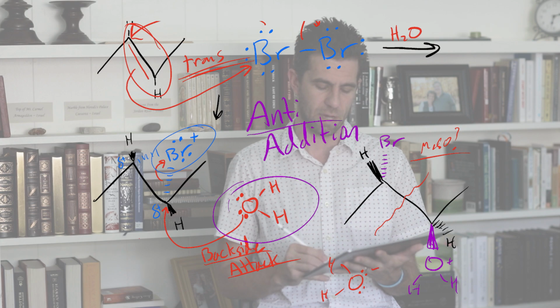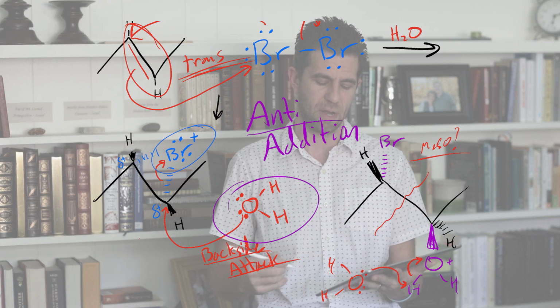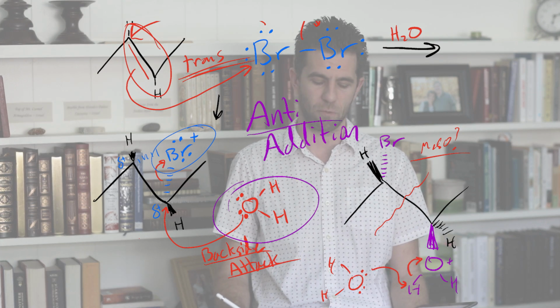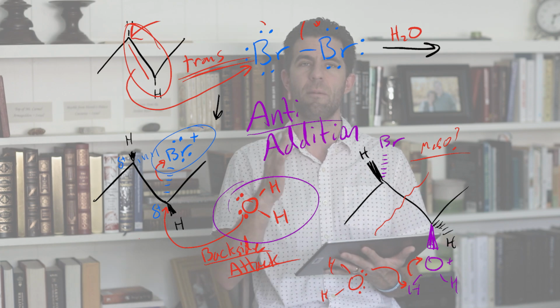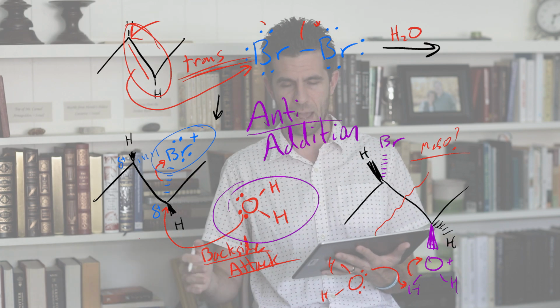It's going to come along and deprotonate that alcohol for us, returning it to a nice product of a bromine and an alcohol, one on each side. We call this a halohydrin, right? Because we have water and we have a halogen. So this is called a halohydrin that we are going to form. So this is another example of what can happen with these anti-additions like this. And they always form because of that backside attack.